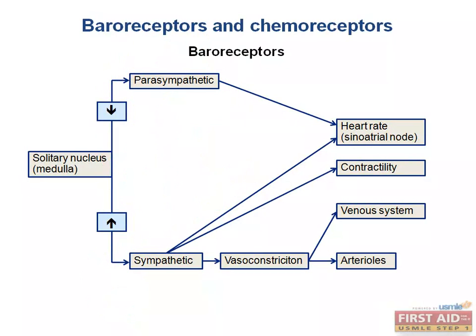So an increase in pressure will stretch that wall, and that means you stretch the fibers of that wall, and then you stretch the mechanoreceptors that are actually embedded within the elastic fibers of the aortic arch vessels and the carotid sinus that is sitting at the bifurcation of the common carotid into the internal and external carotid arteries.